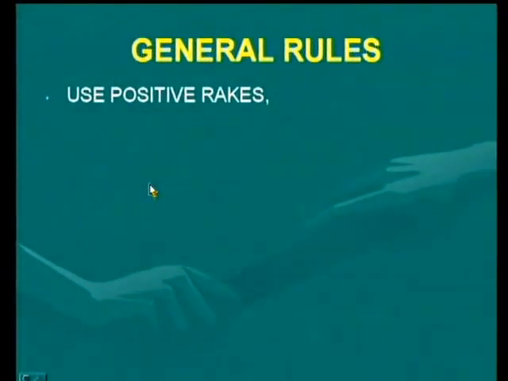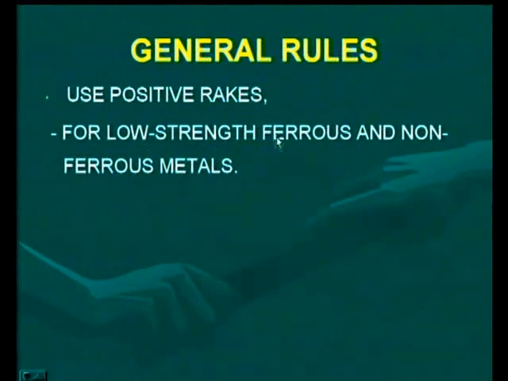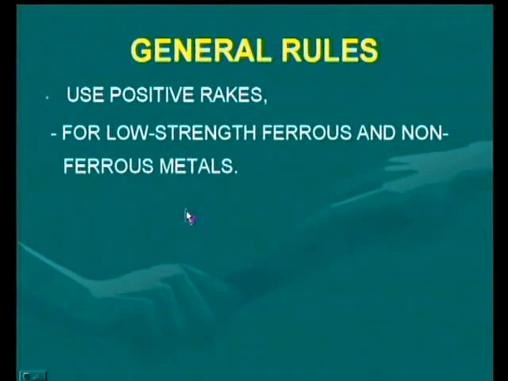Now we will go through the general rules for back rakes and side rakes. For the convenience of the design, we always use positive rakes under these conditions. First, for low strength ferrous and non-ferrous metals, we prefer positive rakes only.